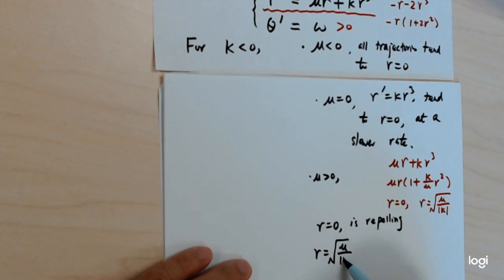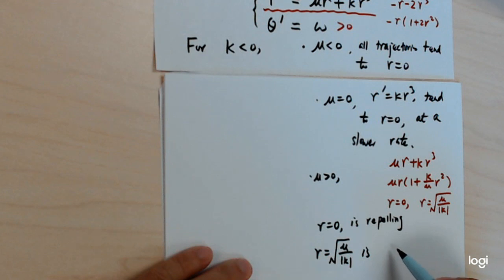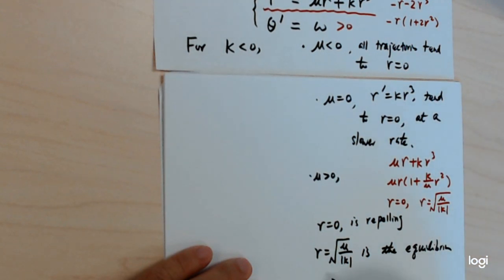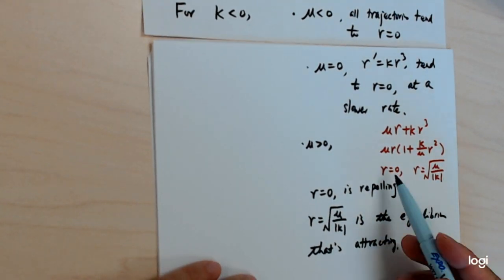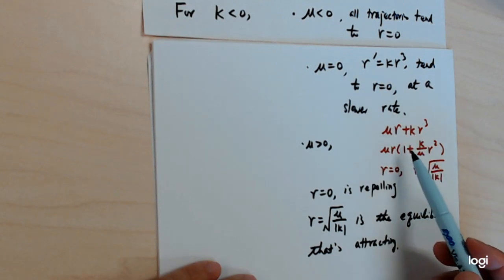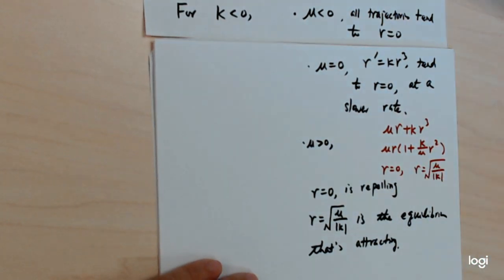And the other one is the equilibrium that's attracting. So think about why that is the case. You can sketch the graph of this to find out what happened.